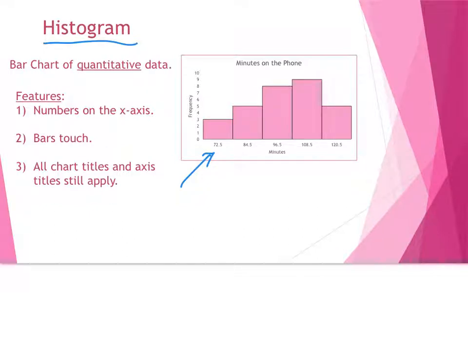If we have any gaps in a histogram, it's because we've got an actual class that didn't have any data that fell into it. Now you still have the same titles on the x-axis, the y-axis, and the entire graph that we had before. So this is a histogram, a bar chart of quantitative data.